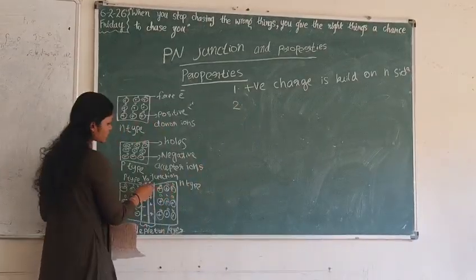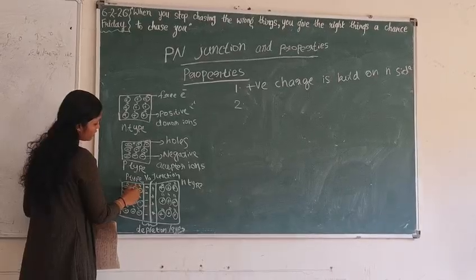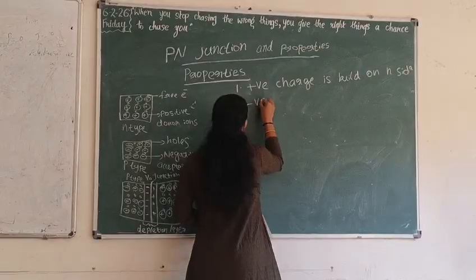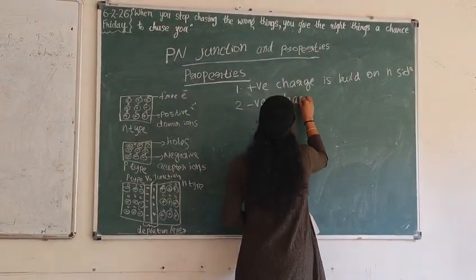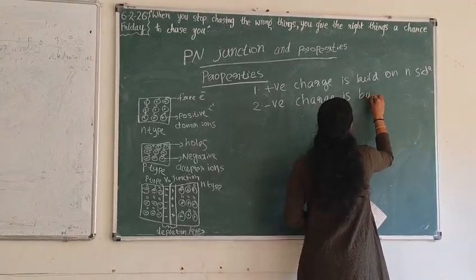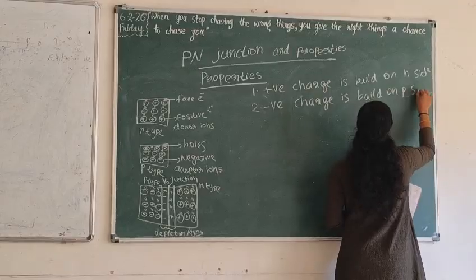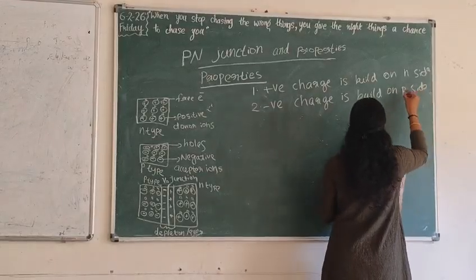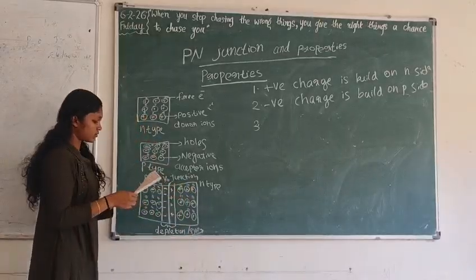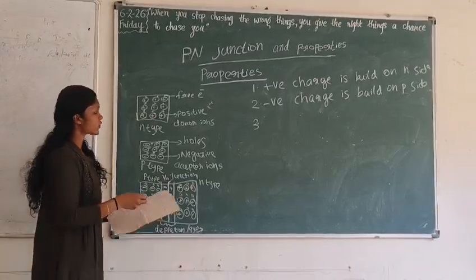When the free electron crosses the PN junction, the negative ions are uncovered. So there is a negative charge on the P side. When a sufficient number of donor and acceptor ions are uncovered, further diffusion is prevented.